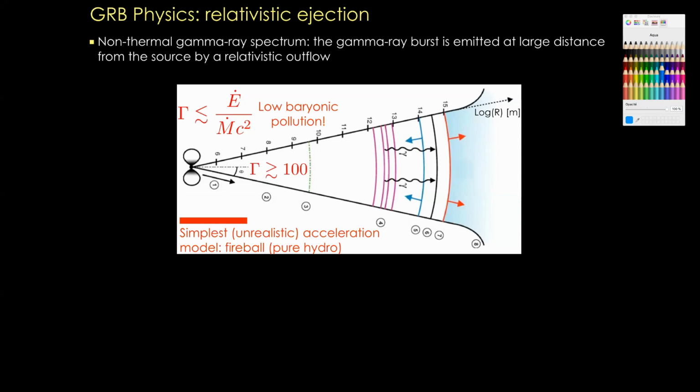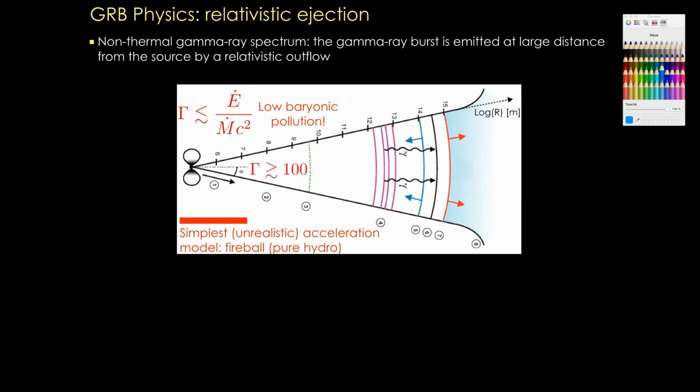I will discuss it a little later for more realistic models, but I would like here to mention the fireball model, which is unrealistic, but is simple and is somehow the reference model with which you can compare more realistic models.